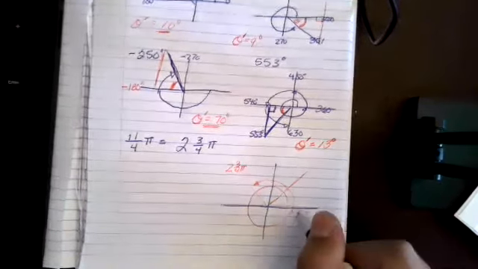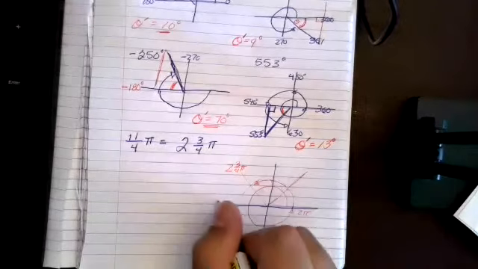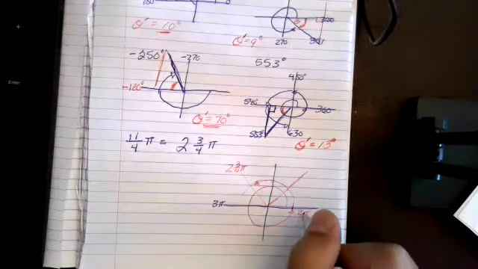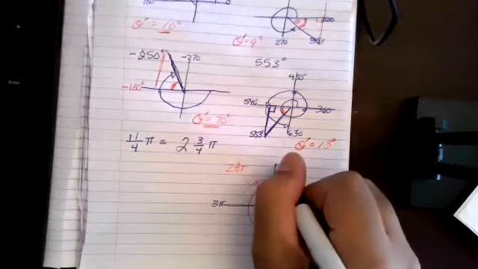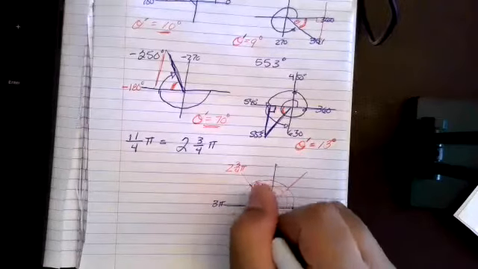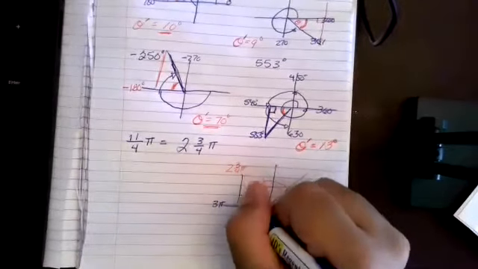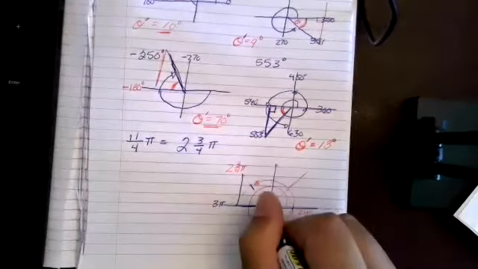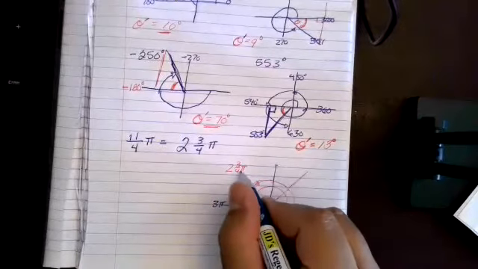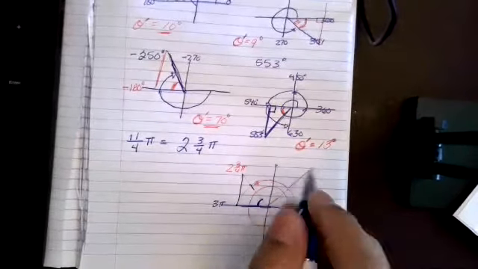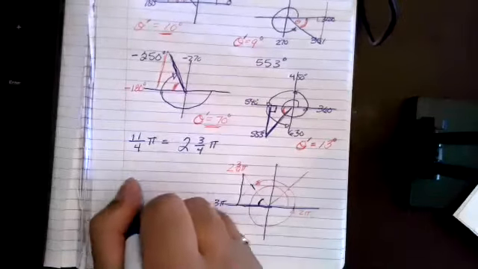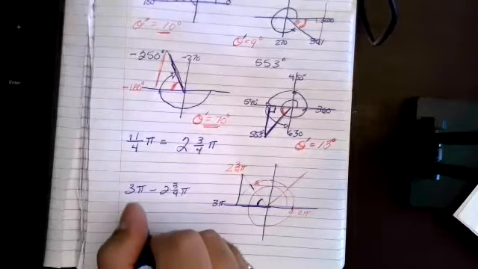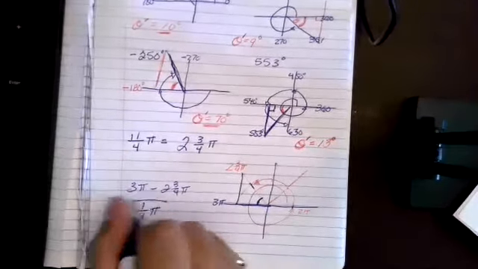Because we got to remember this is 2 pi, and if I go all the way around, this would be 3 pi. All right, this would be 2 pi, this would be 2.5 pi, this would be 2 3/4 pi. So my reference triangle is drawn here. My reference angle would be in here between 2 3/4 and 3. So you could do the subtraction there, right? 3 pi minus 2 3/4 pi, which we know is going to be 1/4 pi.